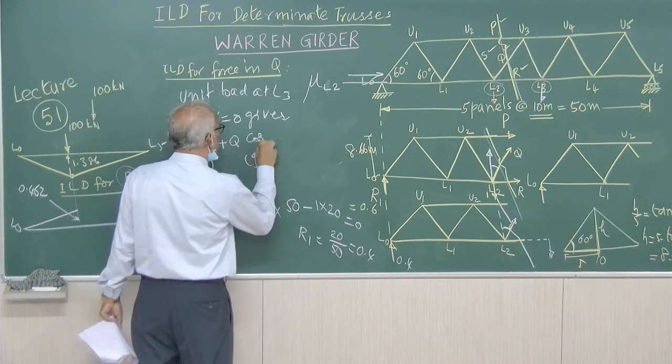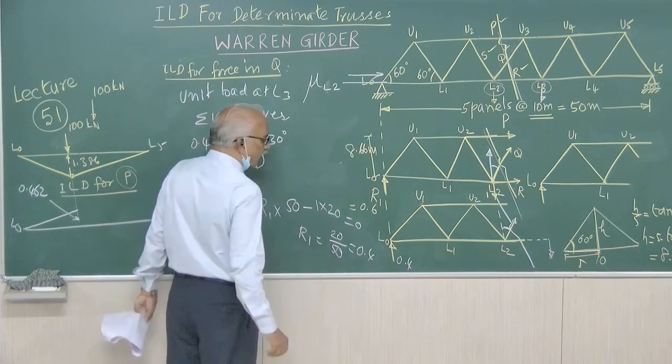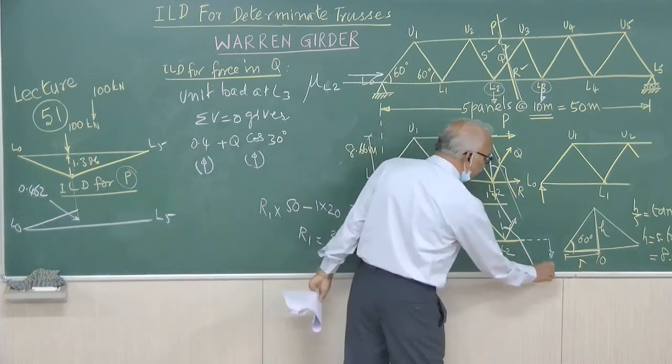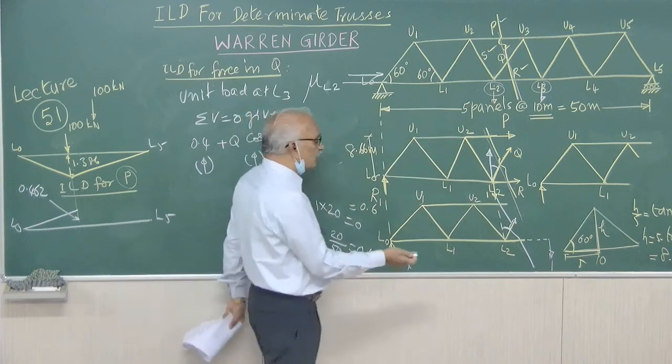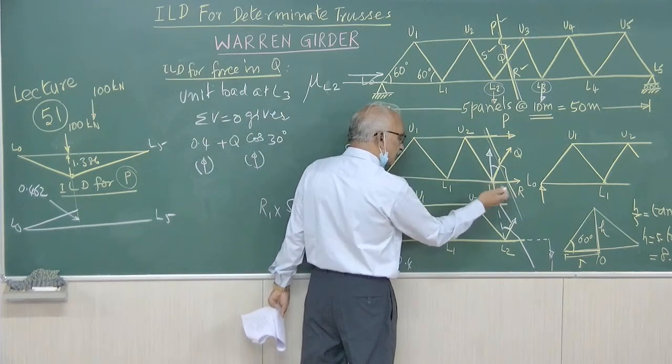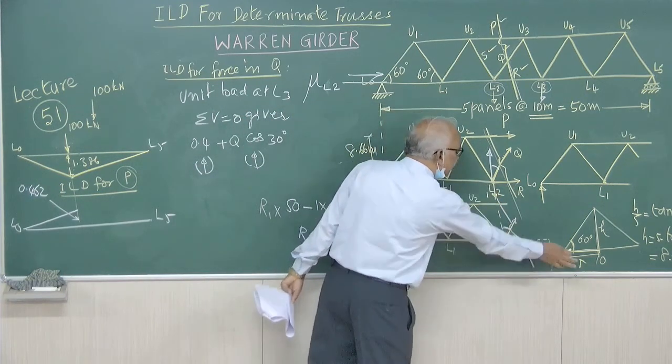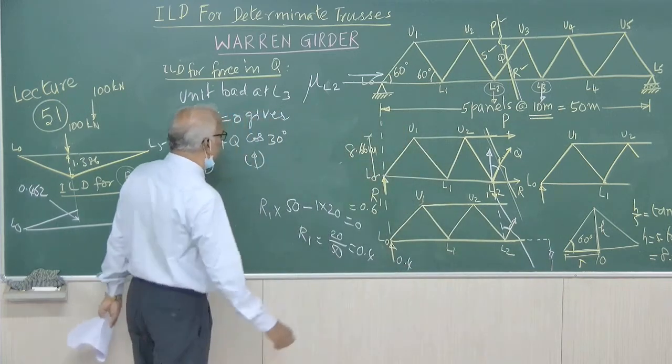And now the unit force is beyond the cut section. So, previously the unit force was within the cut section, we have included, now it is beyond the cut section, we can forget about the unit force.